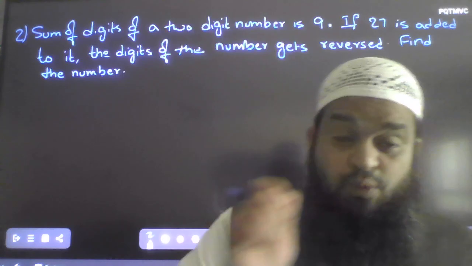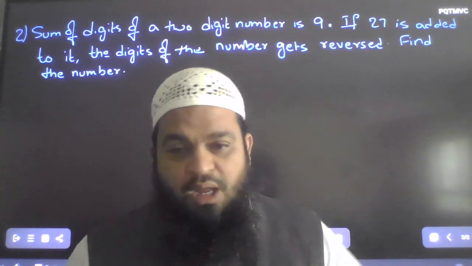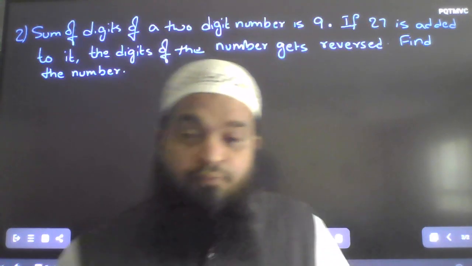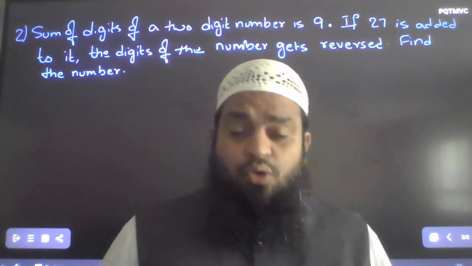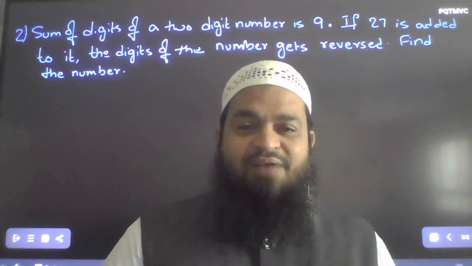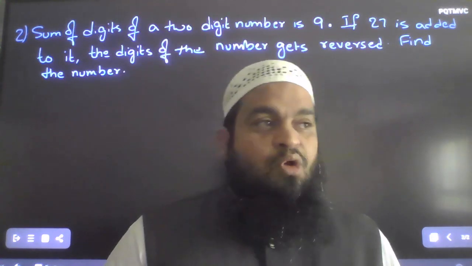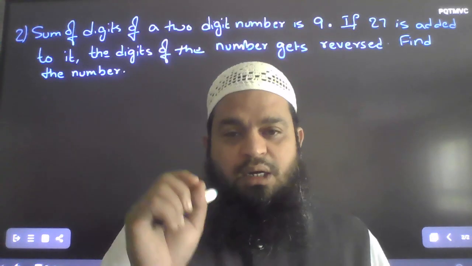This is one of the important problems in linear equations in two variables. This can also be asked in quadratic equations if we change the question a little bit. Most students will have a doubt whether it is a linear equation in two variables or a quadratic equation. Depending on the problem, it changes.